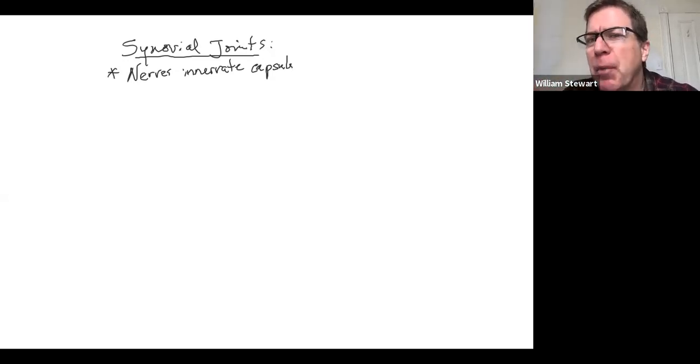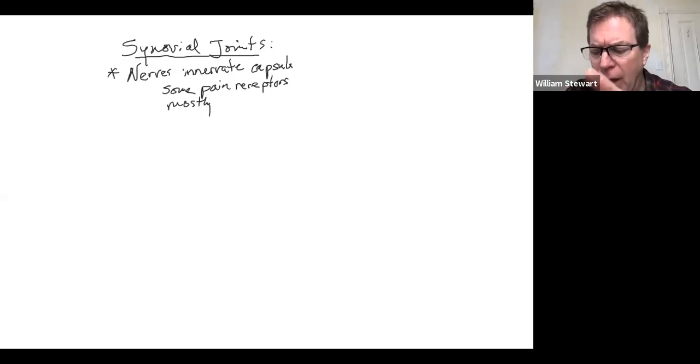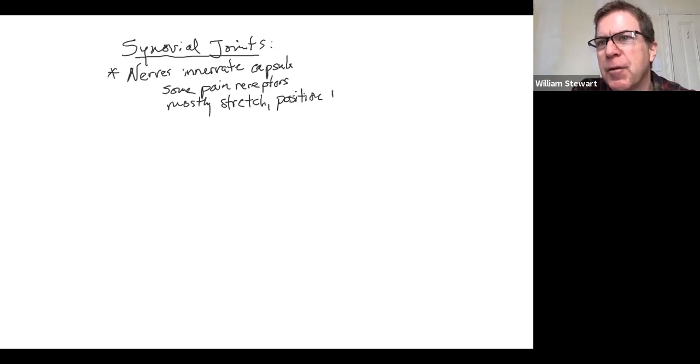There are some pain receptors in this synovial joint, but mostly we find nerves associated with joint position and stretch receptors. So I'm going to put: mostly stretch, comma, position receptors.